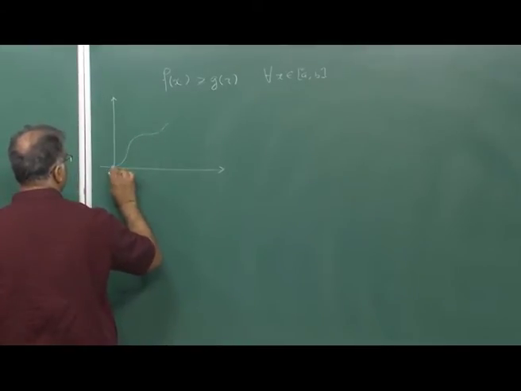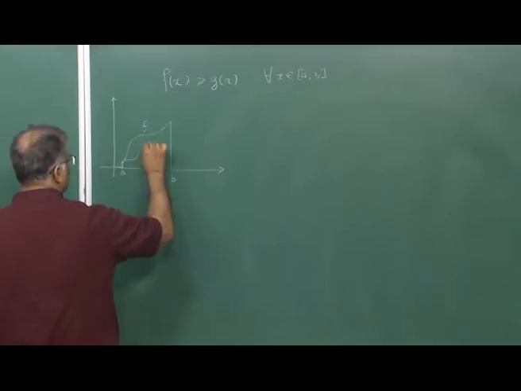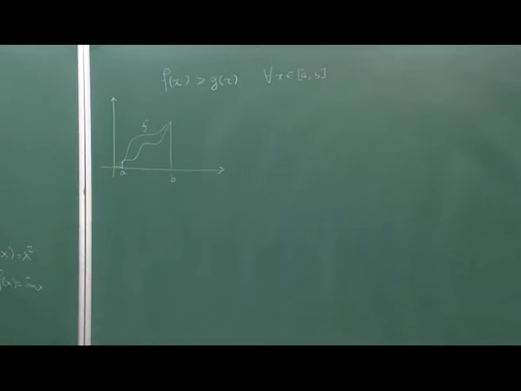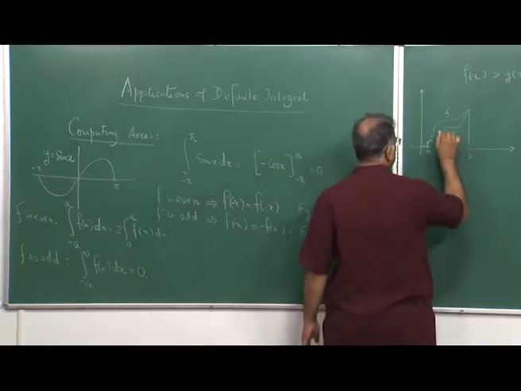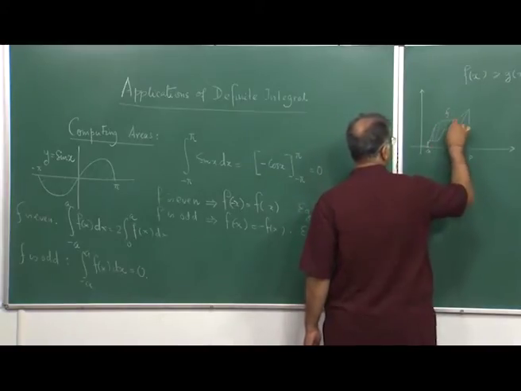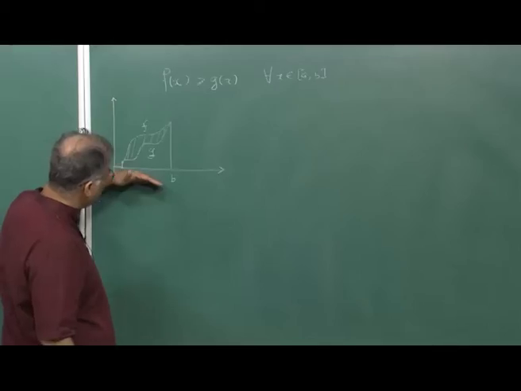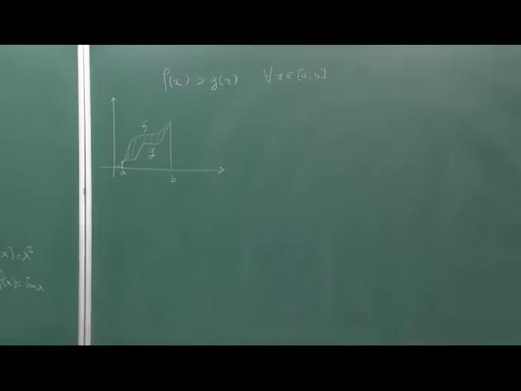Maybe this is my A and this is B, this is F and this is G. I am essentially trying to know the area between them. Of course, you understand I compute the area under the whole of F and under G and then subtract the two areas, and that is what I will get.